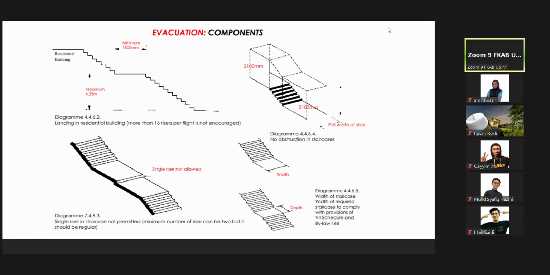Last week I told you about the minimum riser and tread. What is the minimum riser and tread? Correct. For the tread, can it be more than what? 300 or how? Please check back. And your riser cannot be less than what? 145 or 155? 155? Okay. How do you calculate that?